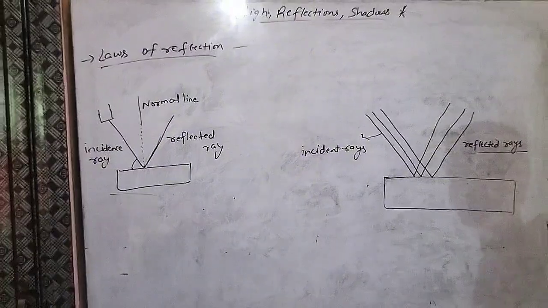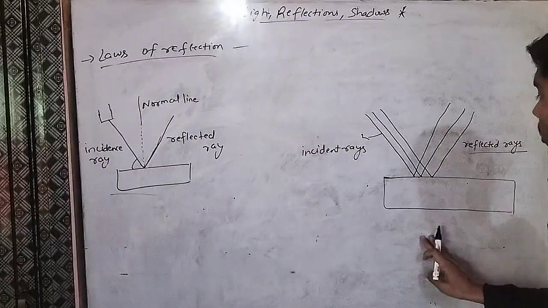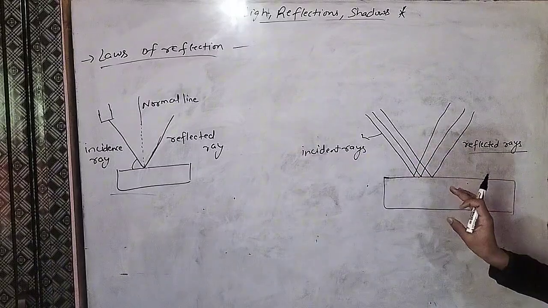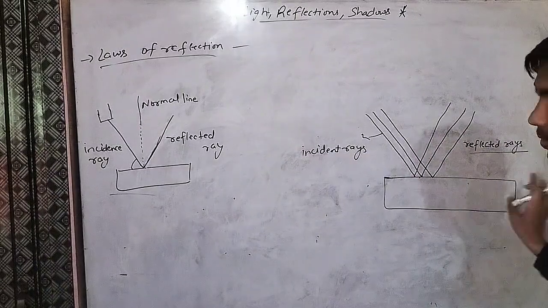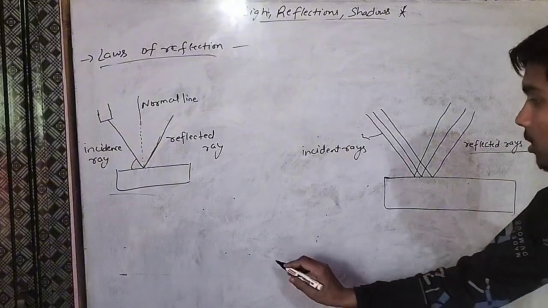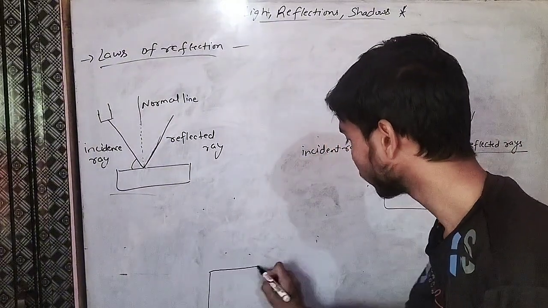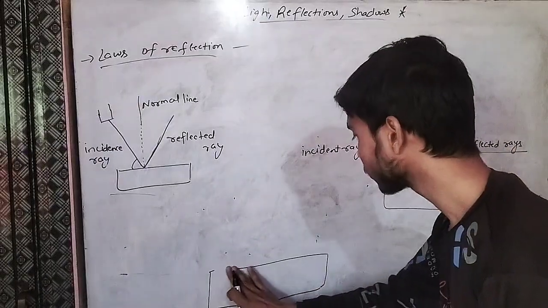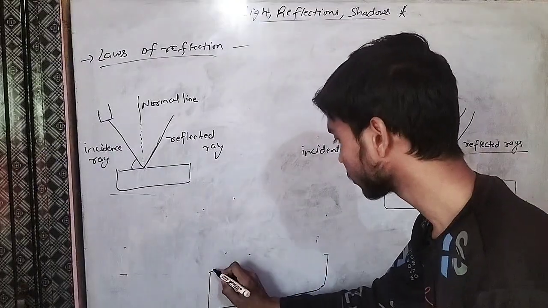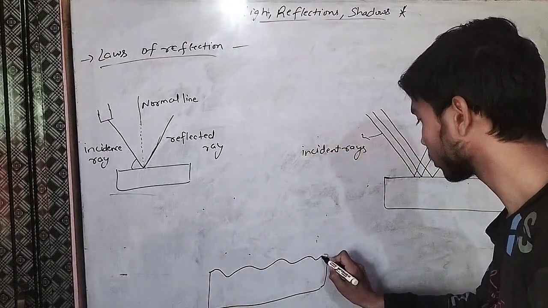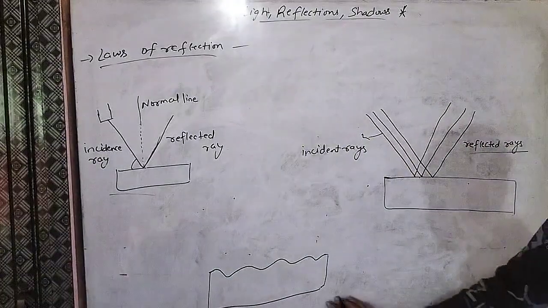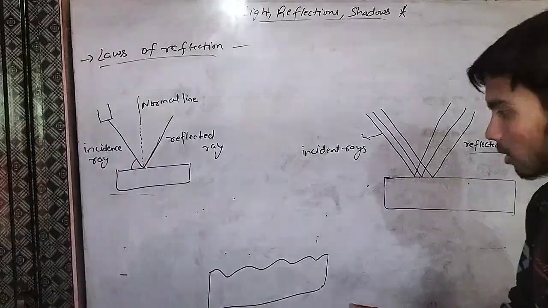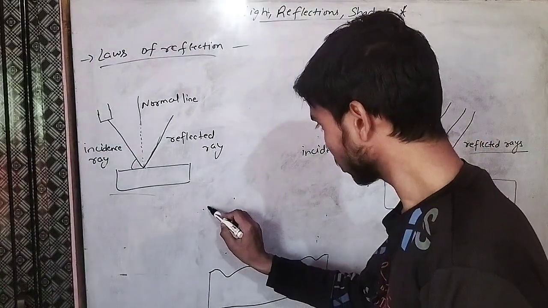This happens because we have a smooth, plane surface. Similarly, we have a rough surface. What is a rough surface? This is an object, but this is a rough object. It is okay, I will come now.